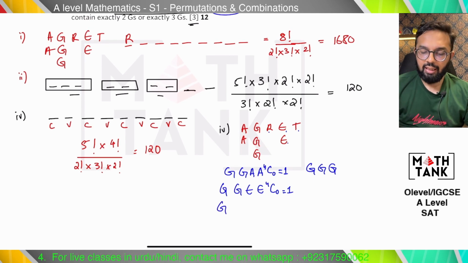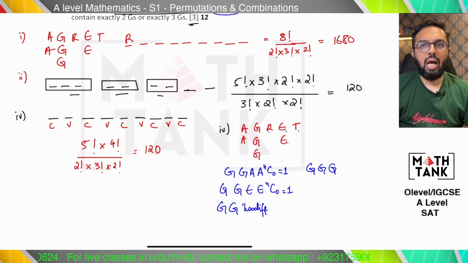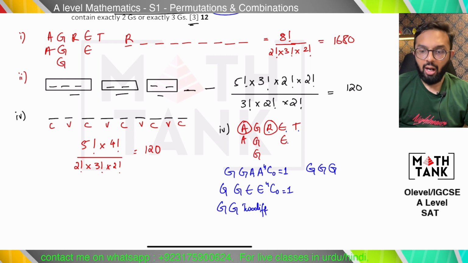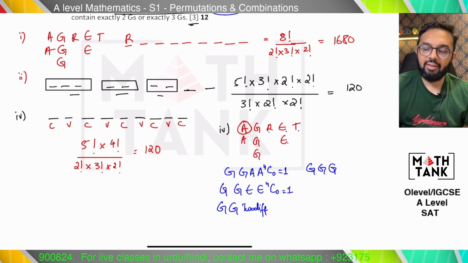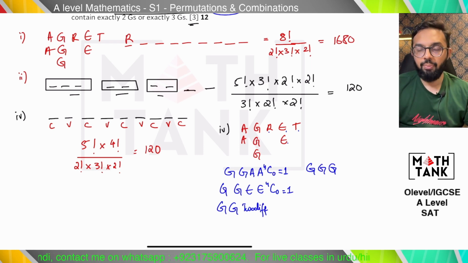Now there could be a case with two G's and two different letters. Now here is something important. How many different letters do you have except G's? You have A, you have R, you have E, and you have T. You have four different letters available for yourself that you need to select from.